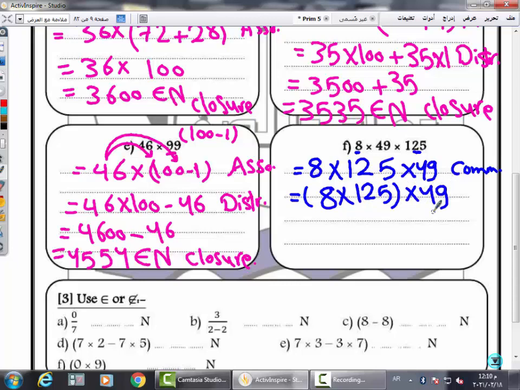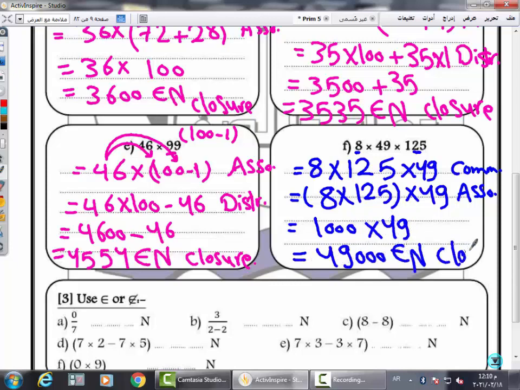This is called associative. We get the result of multiplying 8 by 125, which is 1000, by 49. The result will be 49,000, which belongs to N. This property is called the closure property because the result belongs to natural.